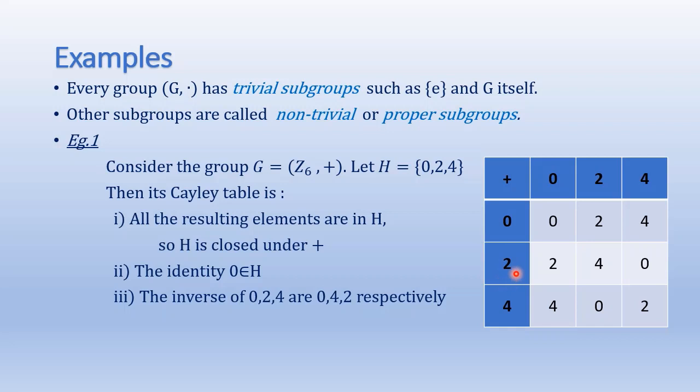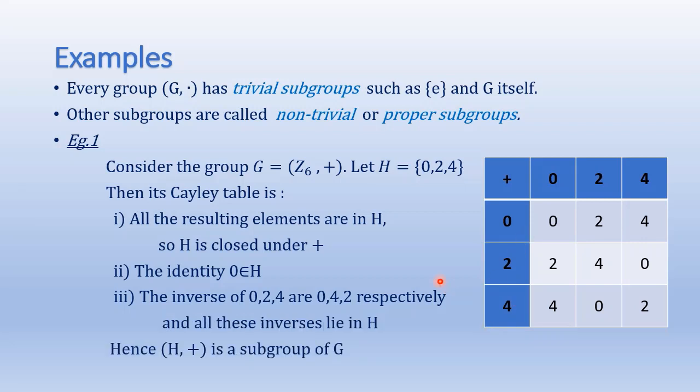For the inverse of 2, in the corresponding row, you see where the identity element is, then the corresponding element in the column will be the inverse. So the inverse of 2 is 4 and the inverse of 4 is 2. So these inverses also belong to this set. Hence H, plus is a subgroup of G.